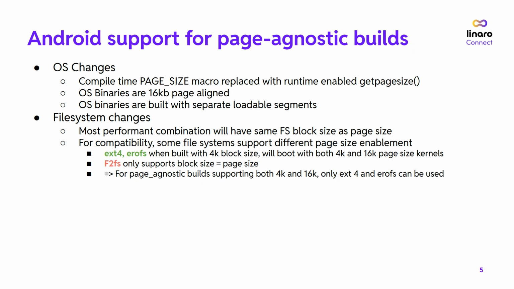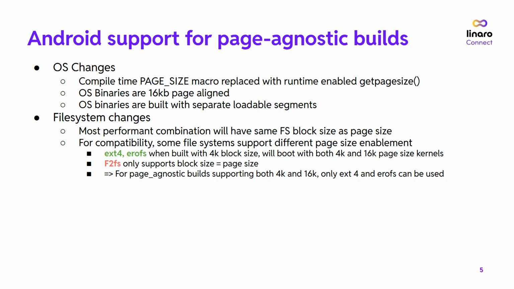And then there are some noticeable changes in how Android manages different file systems in page size agnostic builds. For the performance combination, it turned out that the file system block size must match the kernel page size. But from a compatibility point of view, from the page size agnostic point of view, some file systems support different page size enablement as well.